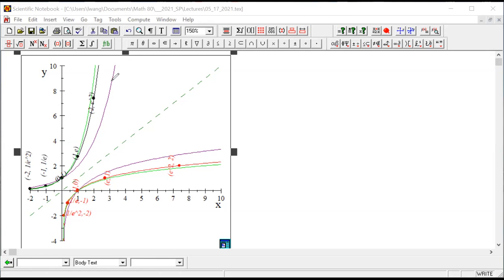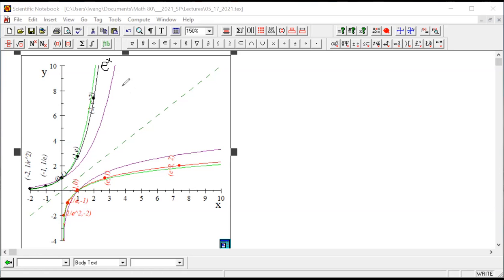So let's recap. The black one here is e to the power x. If you allow me, let me use black so we can do some color coordination.